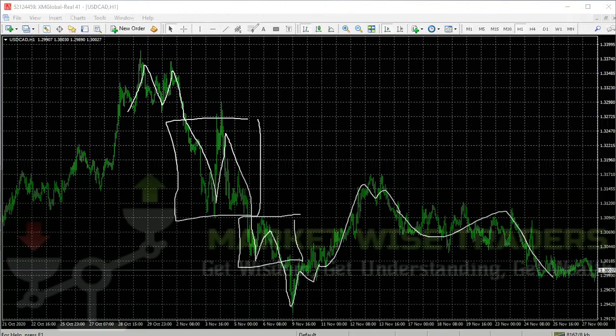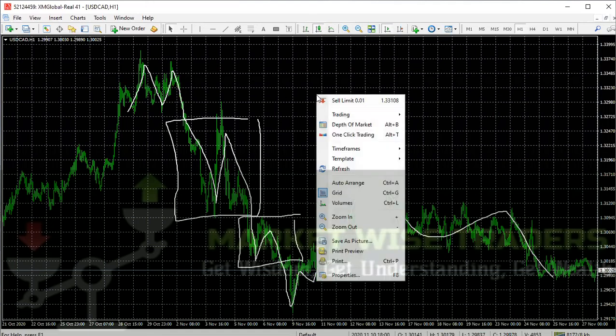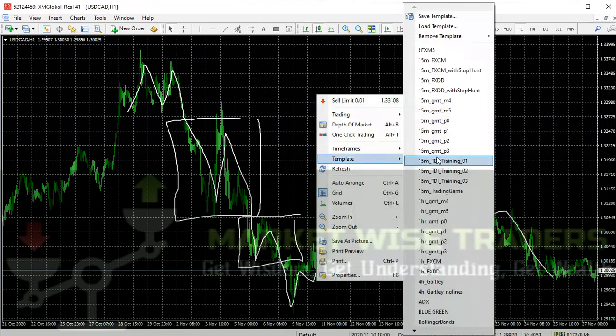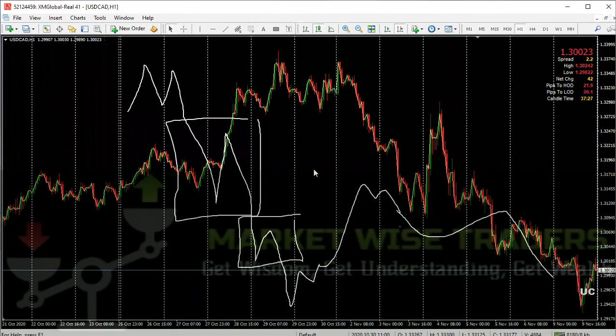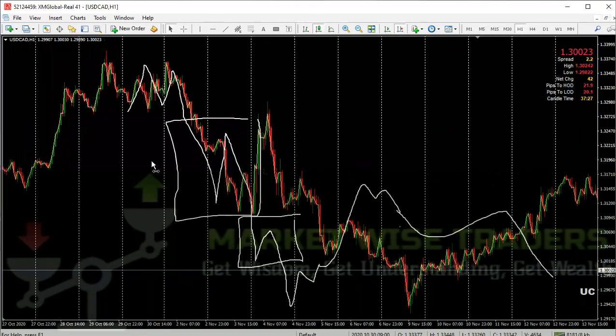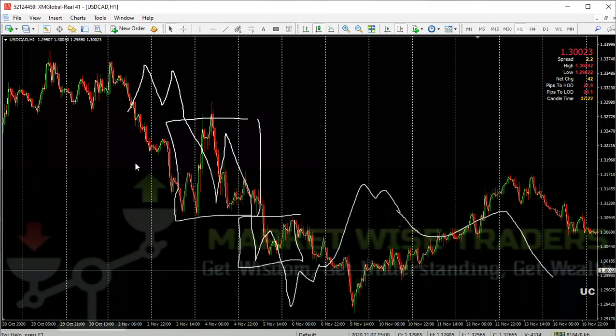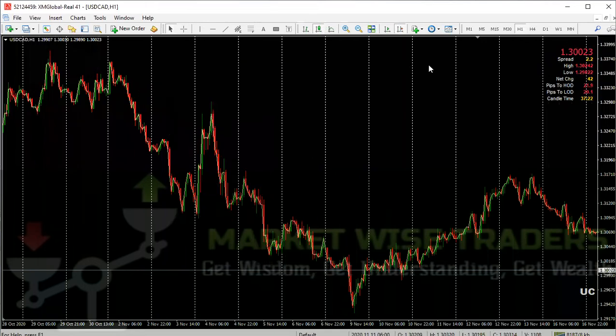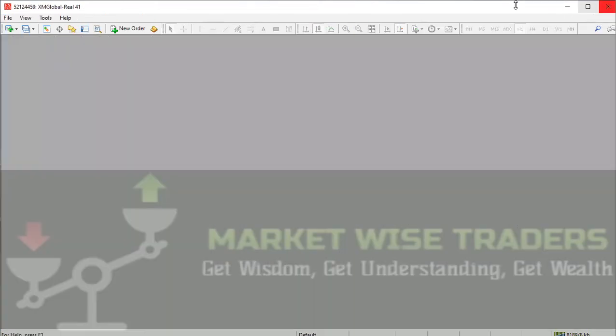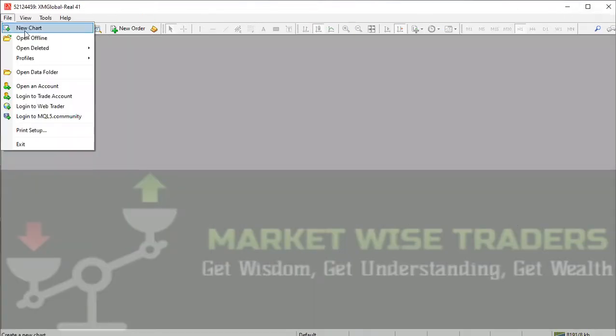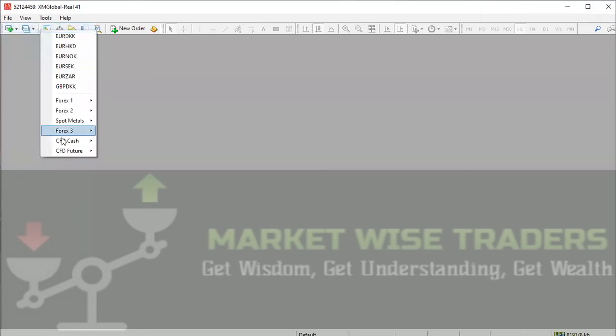I can put candles if you want, but the line chart shows you much more clearly. Okay, let's go to the template. That was what I showed you. Okay, let's have a look at another chart. It happens on anything and everything.